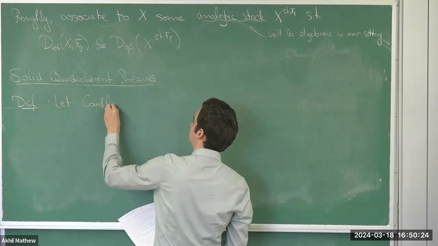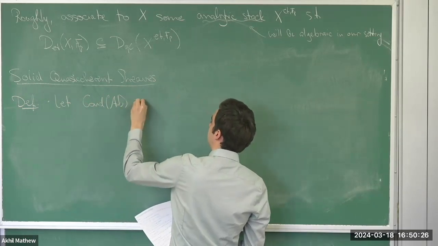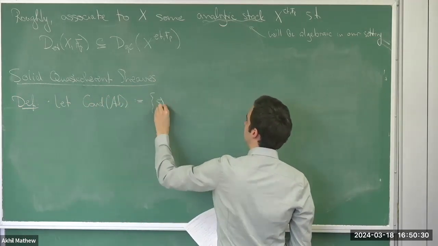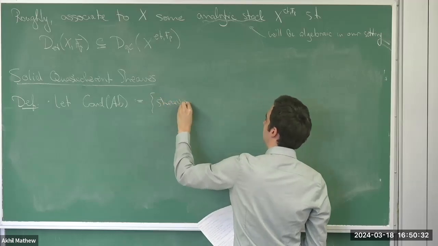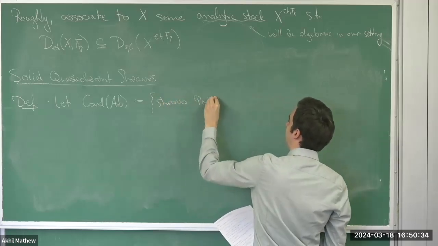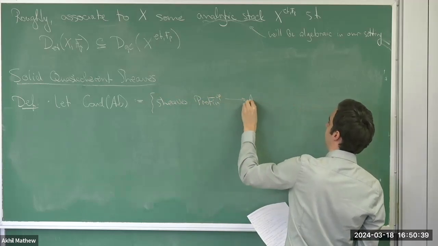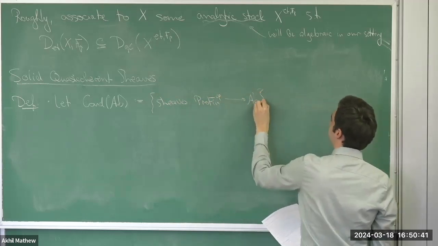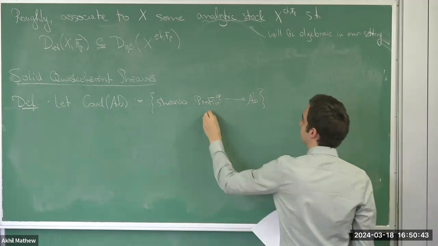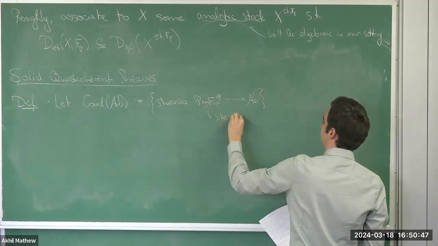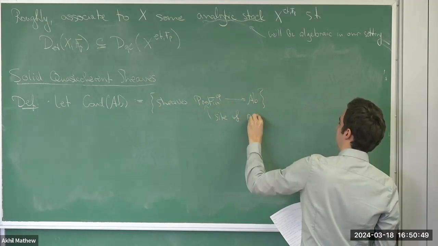You just take the category of sheaves on the site of profinite sets.